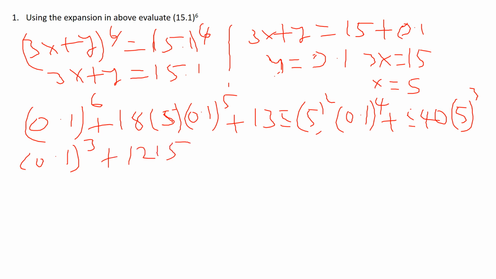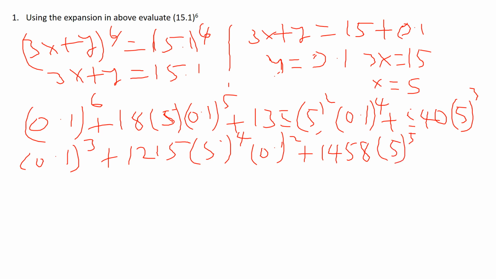1215, then this one we multiply by 5 raised to power 4, then multiply by 0.1 raised to power 2, and then plus the other one is 1458, and then this one is 5 raised to power 5, and then multiplied by 0.1, and then plus the last one we can have 729 multiplied by 5 raised to power 6.